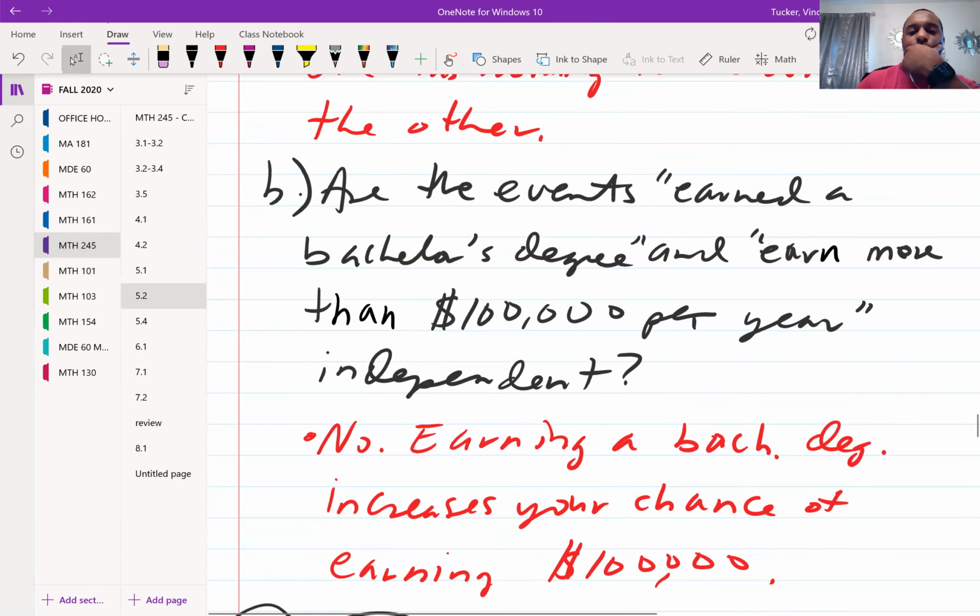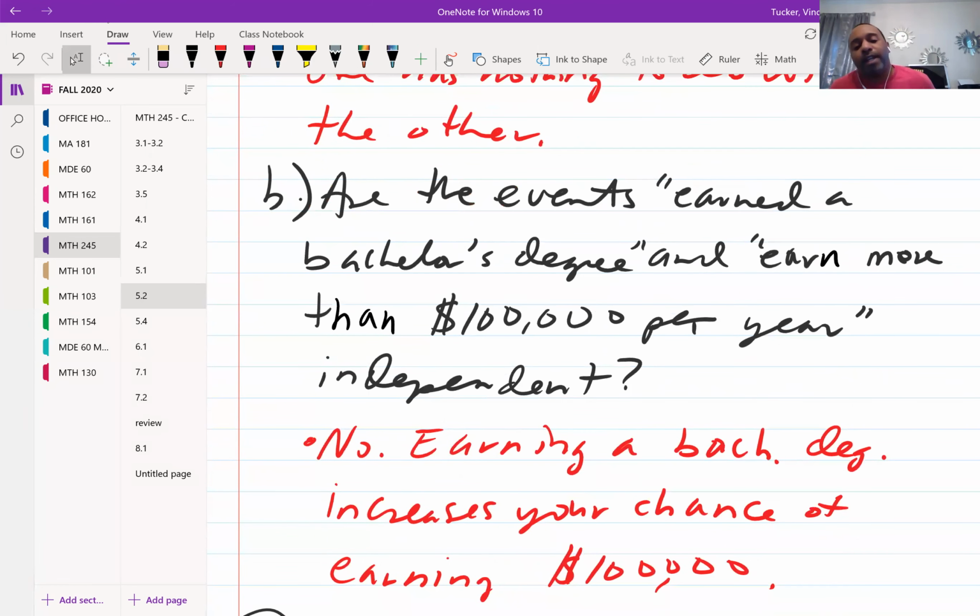No, they're not independent because earning a bachelor's degree increases your chance of earning $100,000. Doesn't guarantee it, of course, but it increases your chance of earning $100,000 or more.